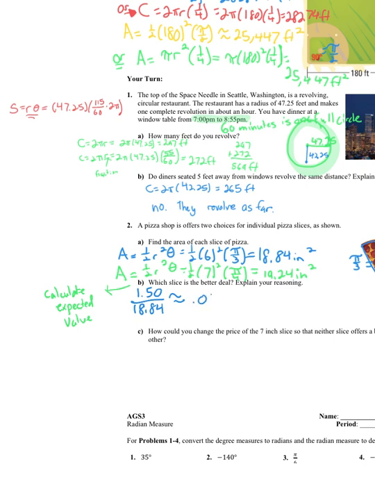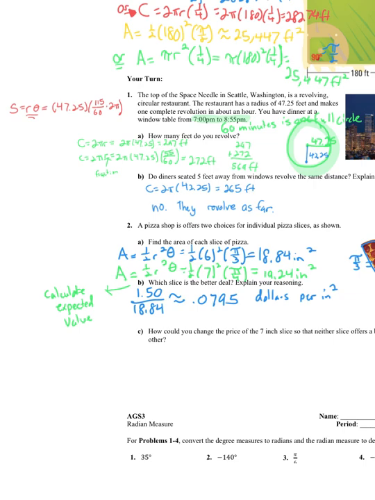And this comes out to 0.0795 whatever dollars per square inch. So it's essentially about 8 cents per square inch, right? Because it's 7.9, we'd round it up to 8. So it's about 8 cents per square inch.